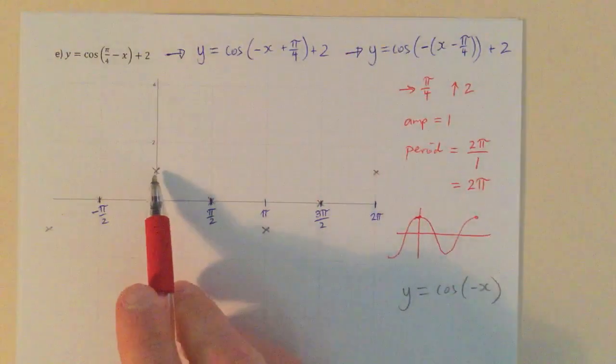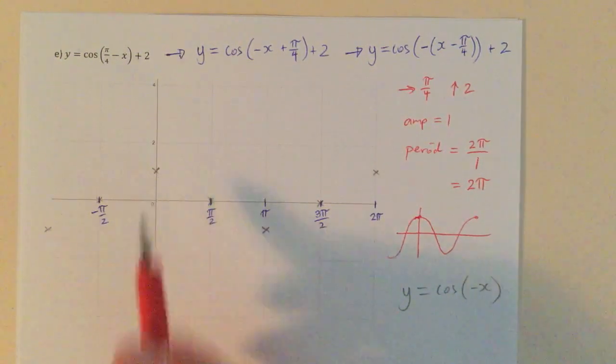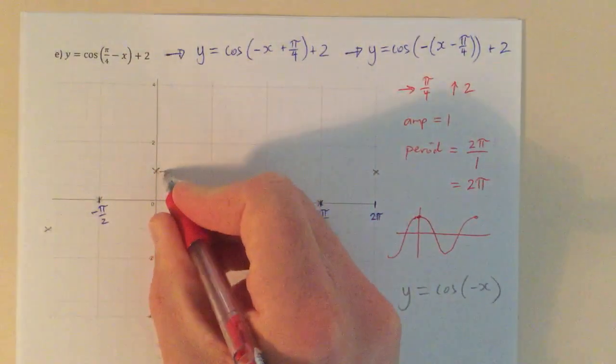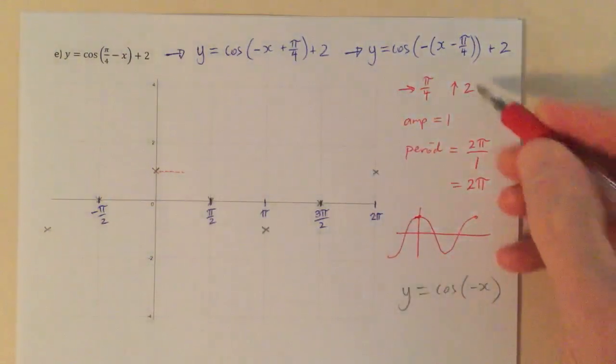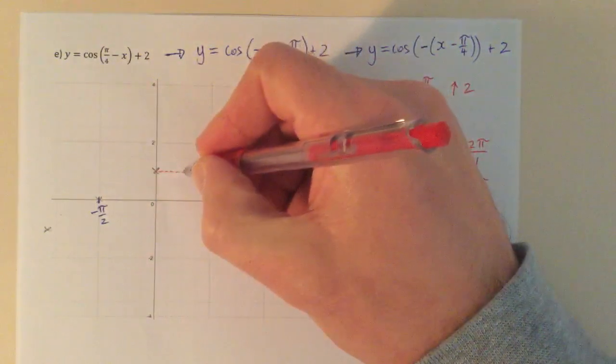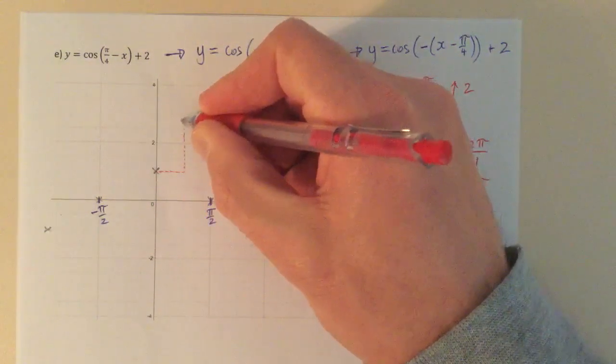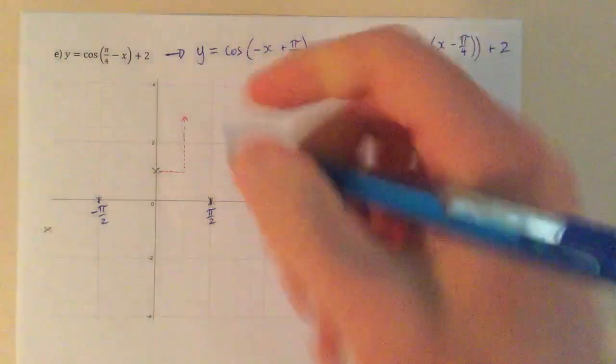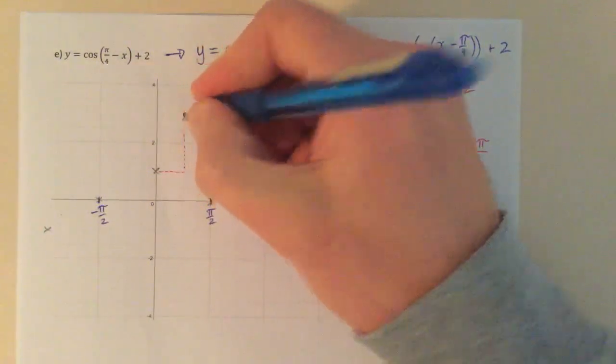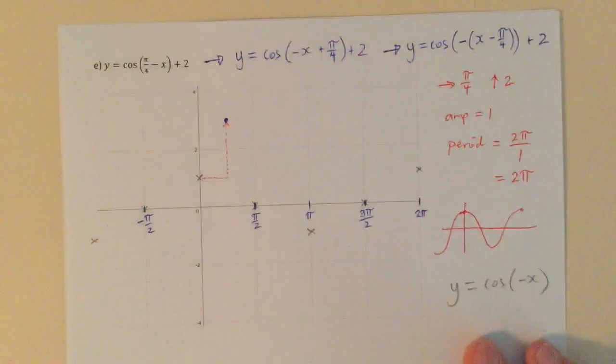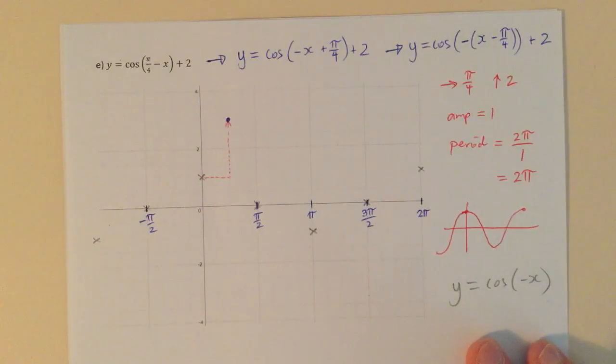So let's start with our point at x equals 0. We're going to move that by pi on 4 units to the right, and then 2 units up. All right, so it's going to end up here. And all our other reference points just do the same thing.